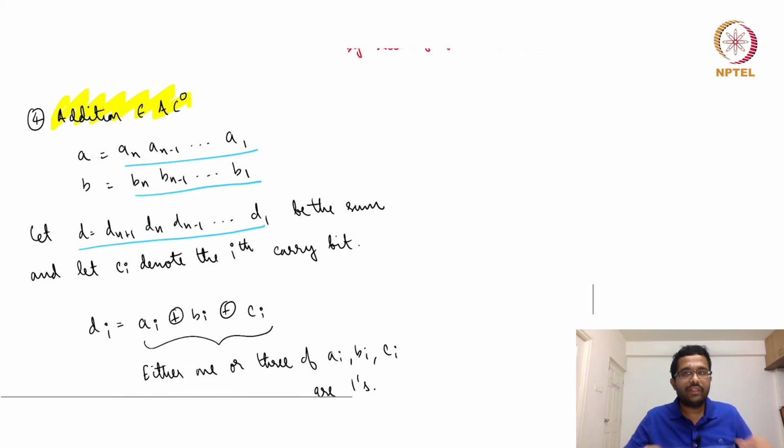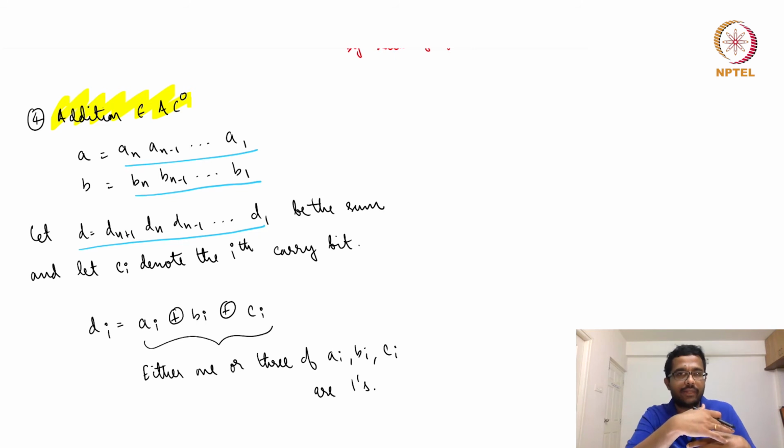When we add two bits, or add two binary numbers, or add two numbers in general, there is a sum and we could also have a carry bit. So when you add a_1 and b_1, it may generate d_1, and it could also generate a carry bit that goes to the next column.